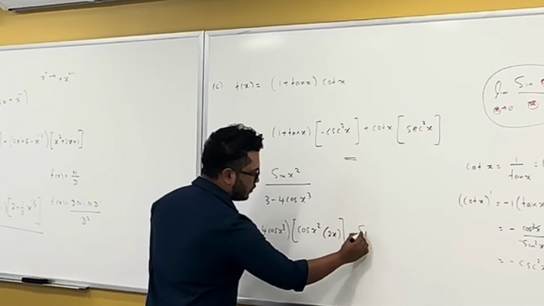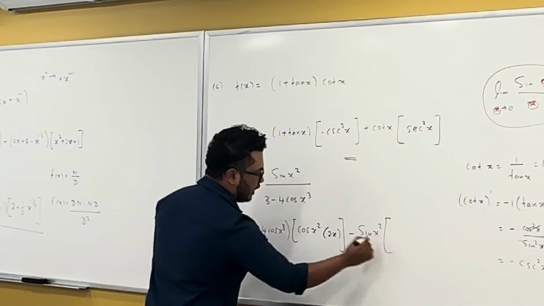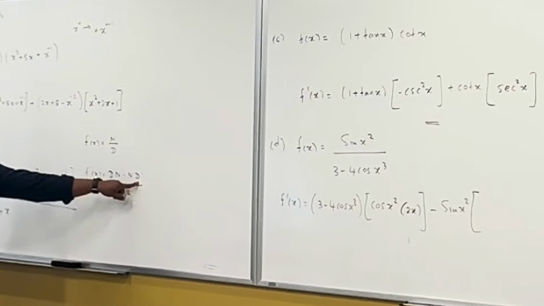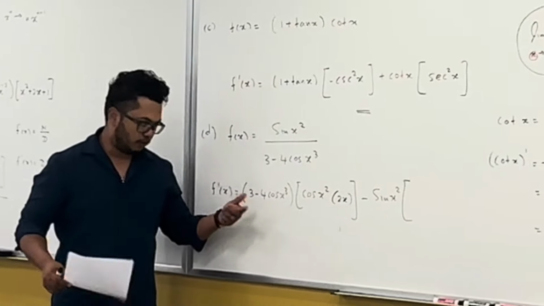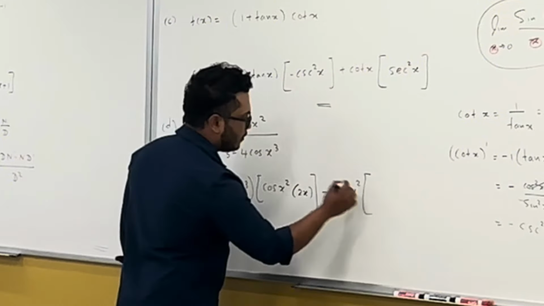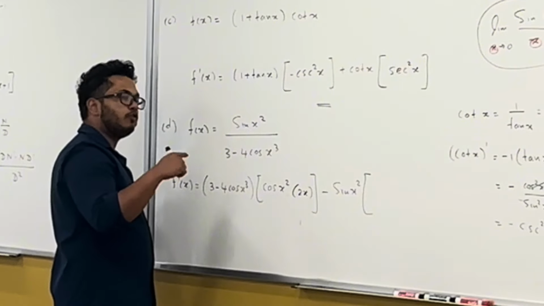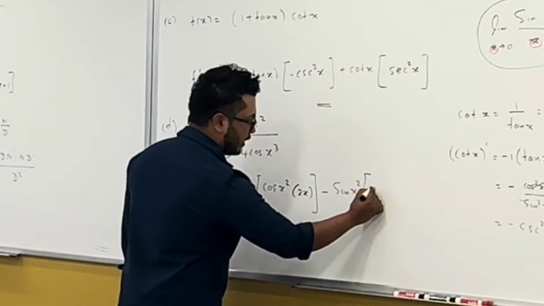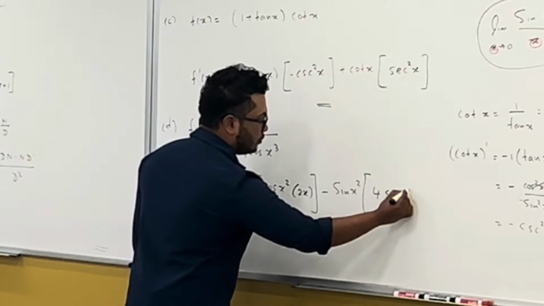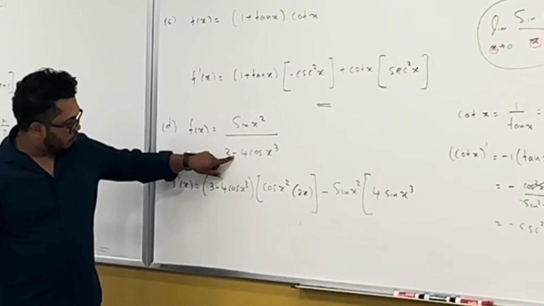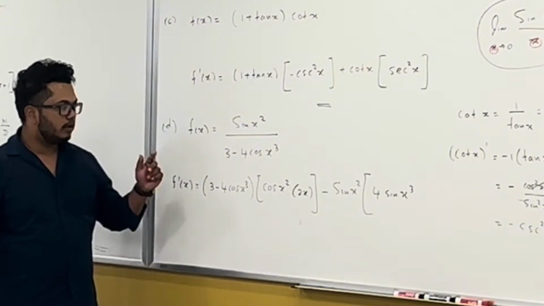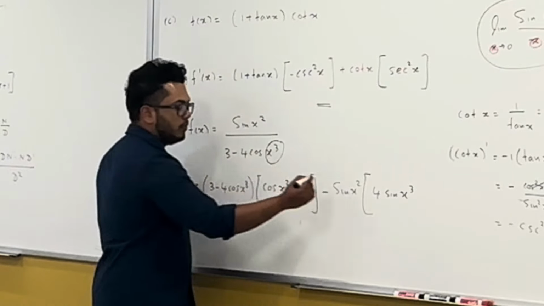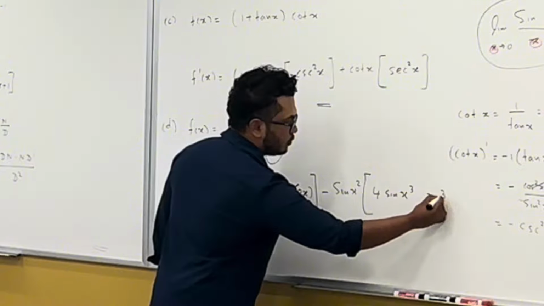Minus sine of x squared, and you have to take the derivative of the denominator. So 3 gives 0, minus 4 cosine: the cosine has derivative negative sine, so it becomes plus. So I can write 4 times sine of x cubed. The derivative of negative 4 cosine x cubed is positive 4 sine x cubed, but you have to deal with the x cubed, so it's 3x to the power 2.